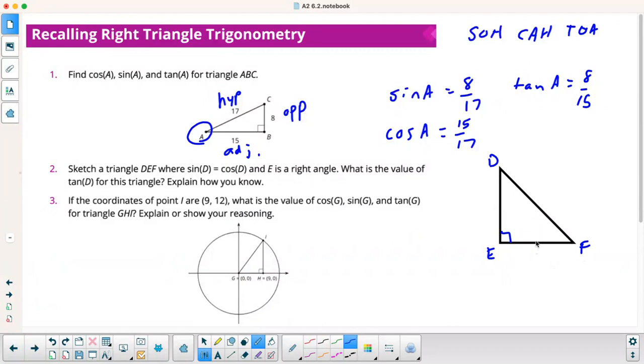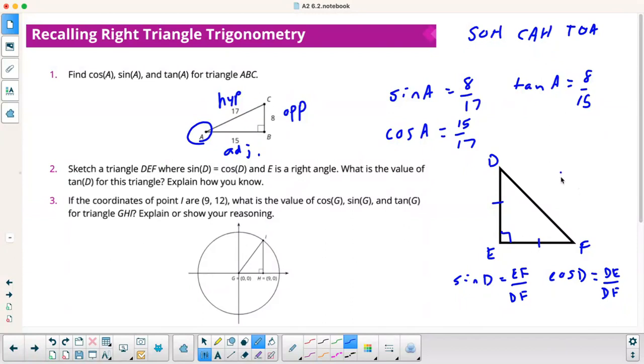I think it's going to have to be like an isosceles, because if I say the sine of D, that's going to equal opposite over hypotenuse. It's going to be EF over DF. And then cosine of D is going to be DE over DF.